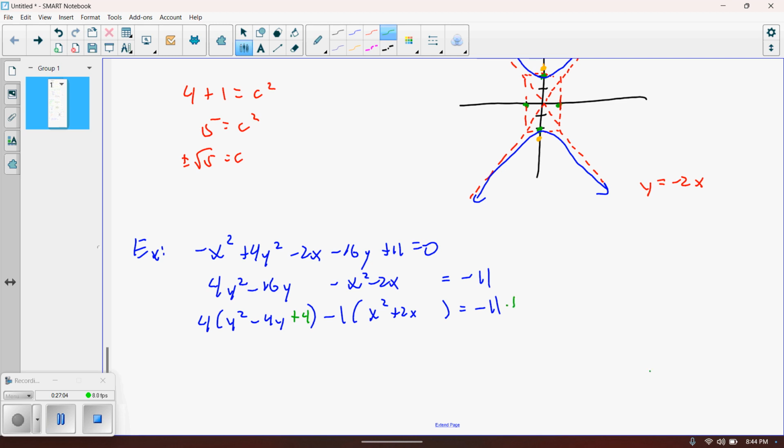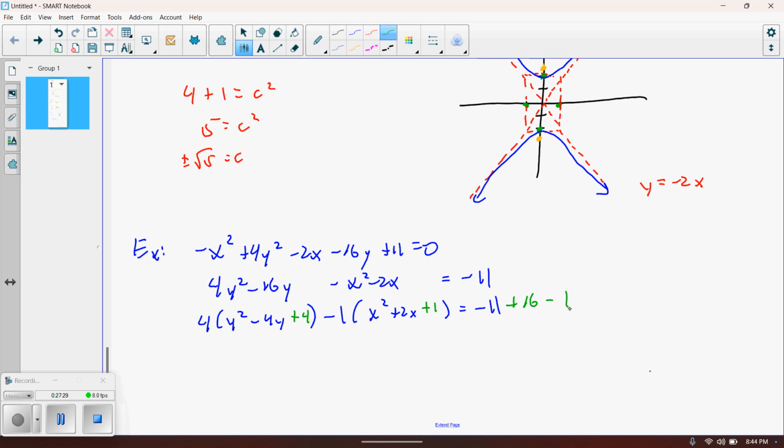So I need to add 16 to the right. And in the second parentheses, taking the 2, dividing it by 2 is 1, squaring it is 1. But again, you have to distribute the coefficient in. So really, it's a minus 1 that I just actually put to the left. So I need to subtract 1 on the right-hand side.